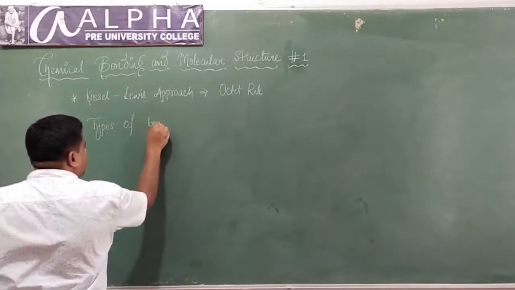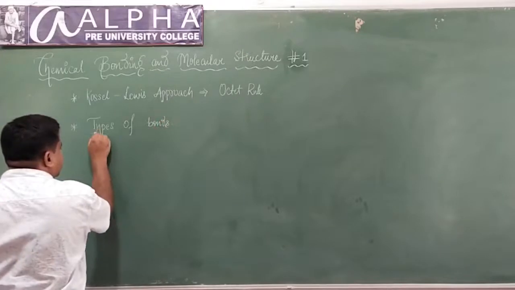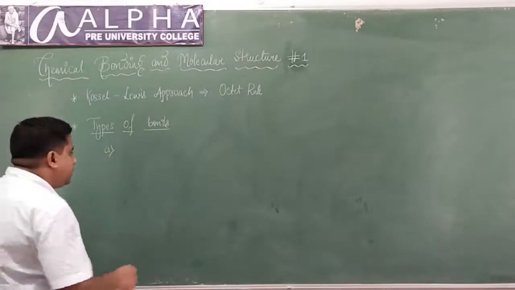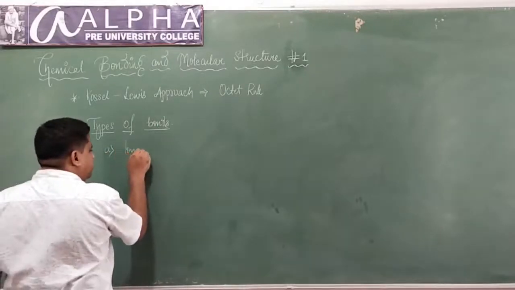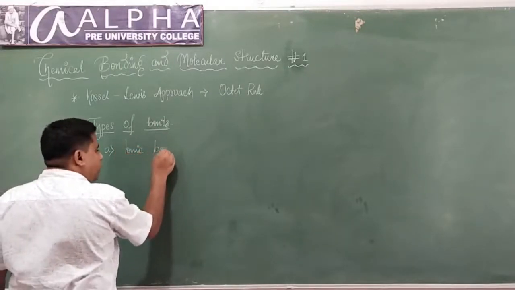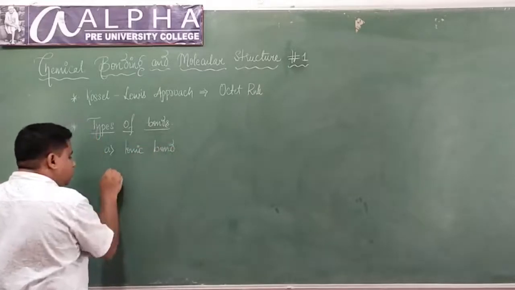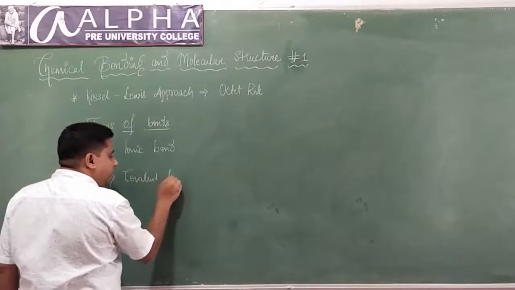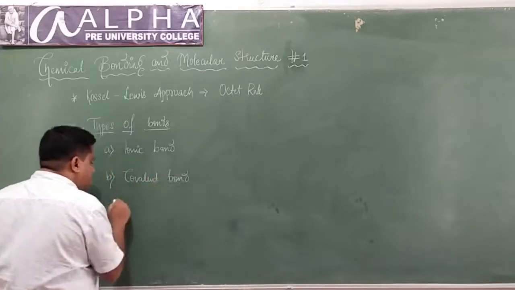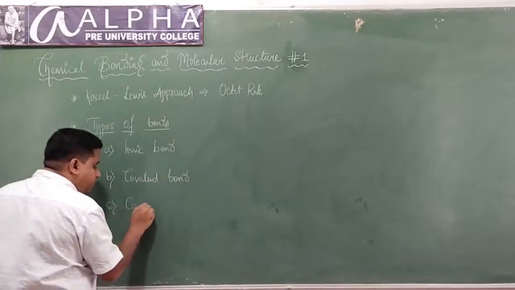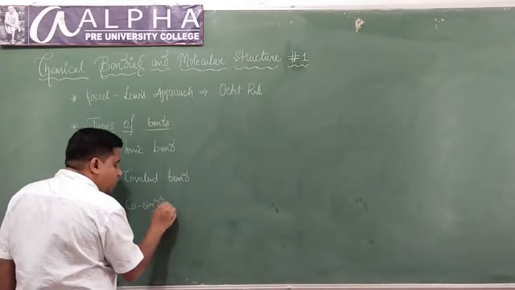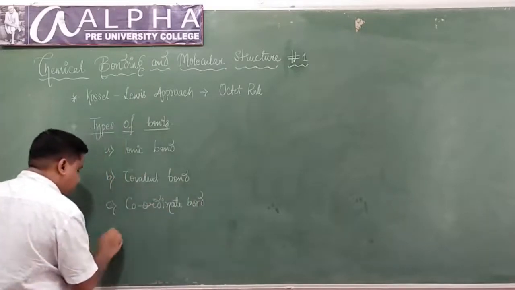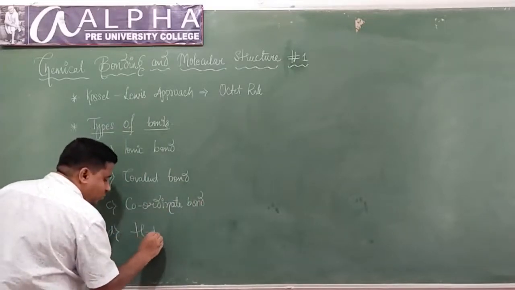Under different types of bonds we will learn about ionic bond. Next we will talk about covalent bond, then coordinate bond, and hydrogen bond.